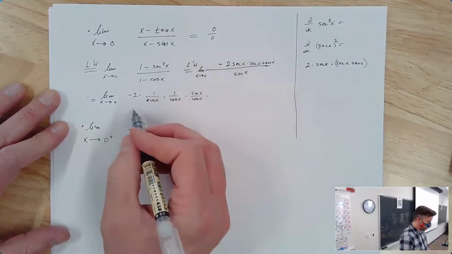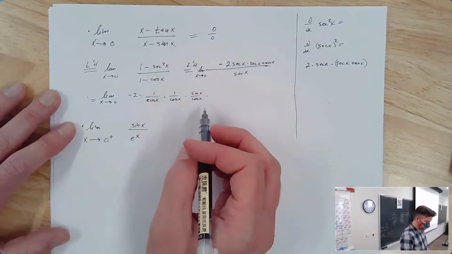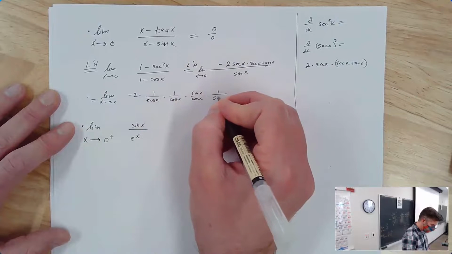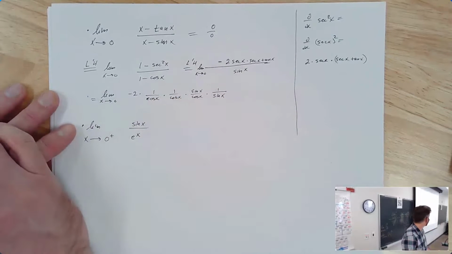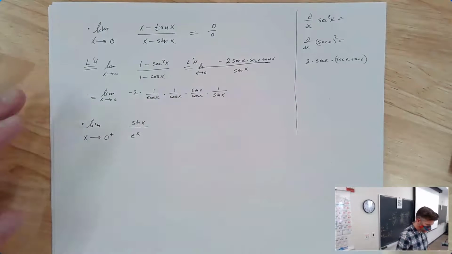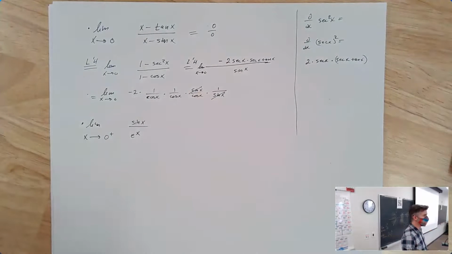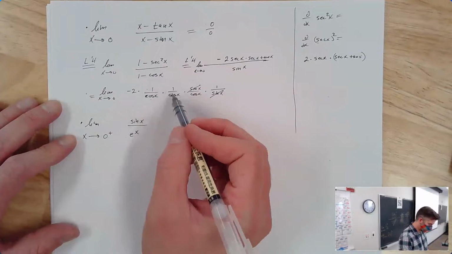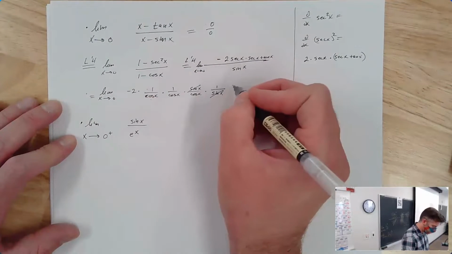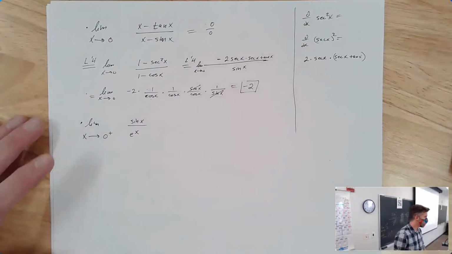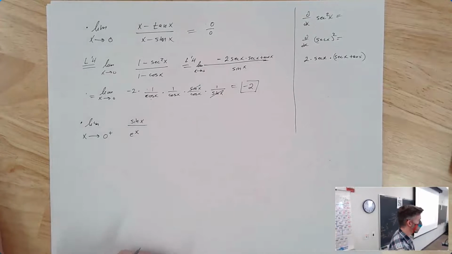And then if that's all divided by sine, that's the same as being multiplied by 1 over sine. And then we can have a sine cancel. And that takes care of our 0 over 0 problems. So then we get 1 over 1 times 1 over 1 times 1 over 1 times negative 2, which is negative 2. Interesting.